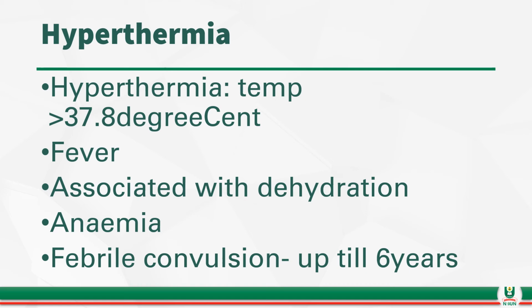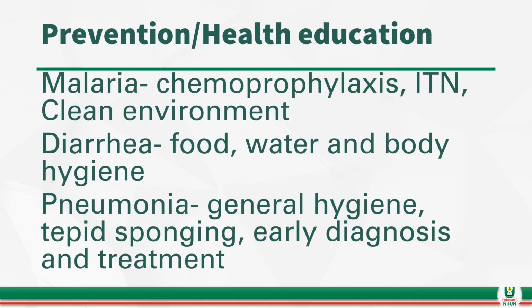Such convulsion, especially when it is febrile convulsion, starts early in a child's life and usually fizzles out at 6 years of age. So it is important that health education and preventive measures against these conditions are emphasized to the mother.